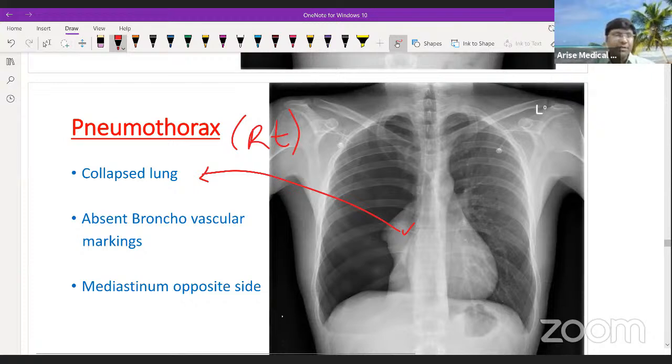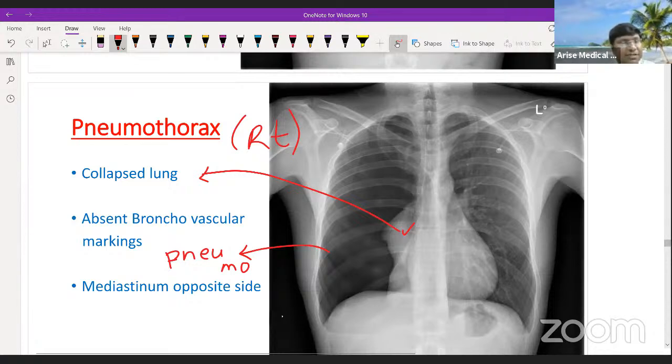Why is this collapsed? That is because of pneumothorax.